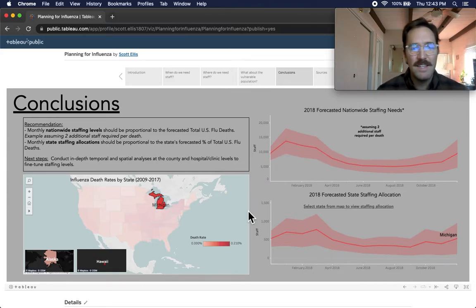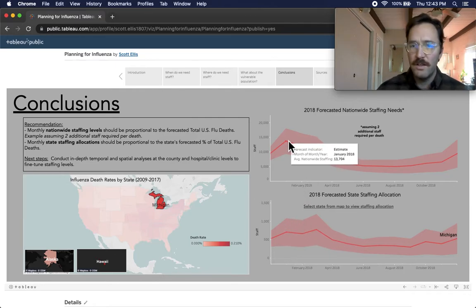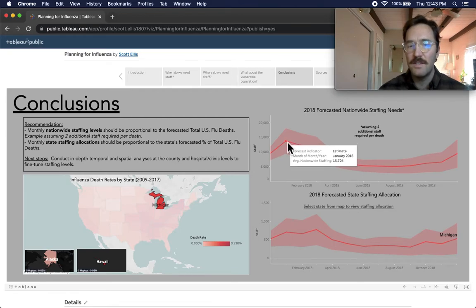Next, the monthly state staffing allocations are determined from the nationwide staffing levels by multiplying by the state's percent of the total flu deaths for each month. And so we see that the allocations come directly from the nationwide staffing levels based on the state's proportion of flu deaths forecasted.